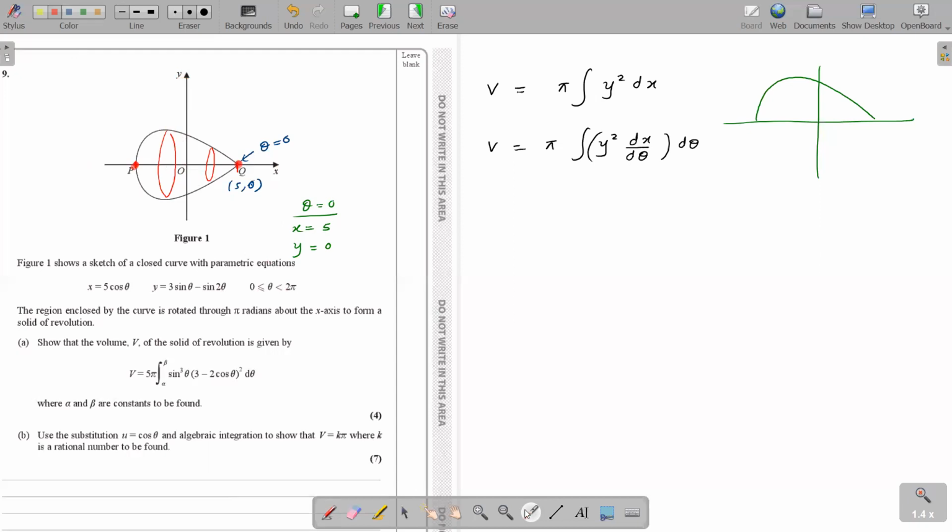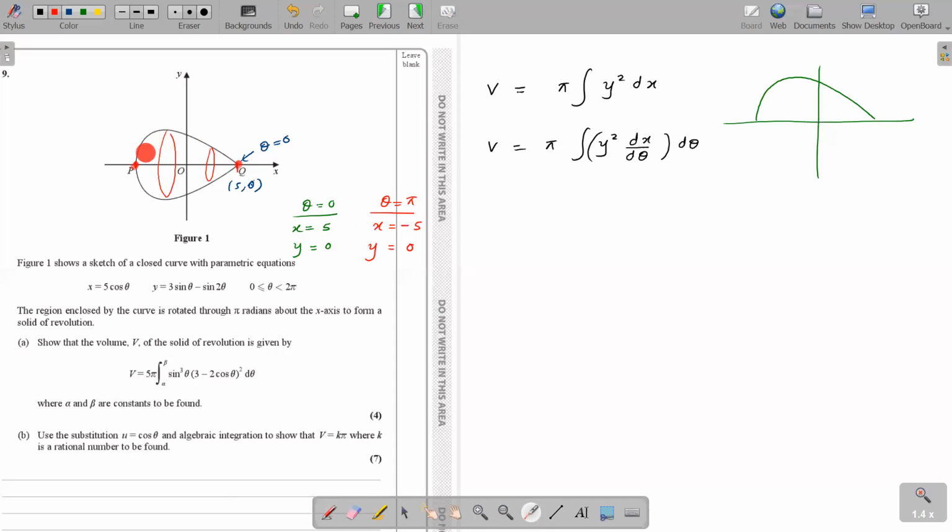Just check when theta is pi. Let's see whether our assumption is correct. When theta is pi, what do we get for x? 5 cos pi, which is minus 5. Y value? 3 sine pi minus sine 2 pi. That is 0.